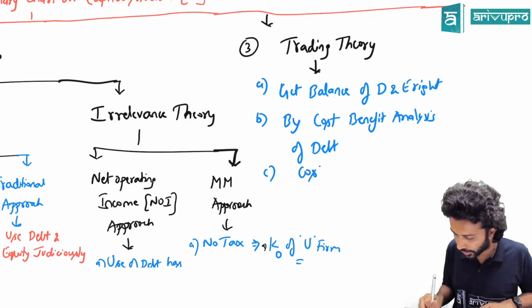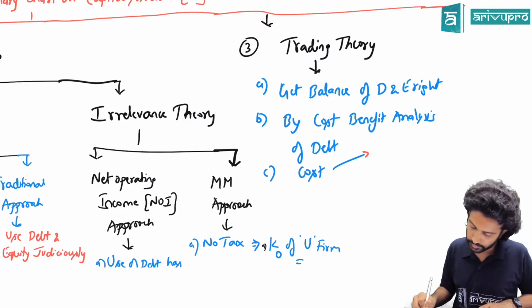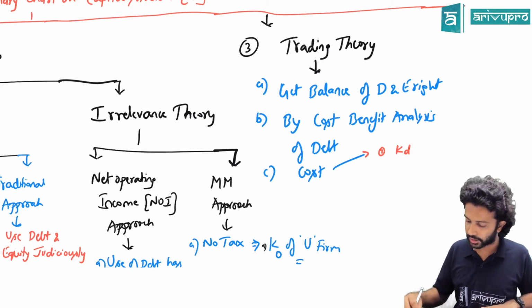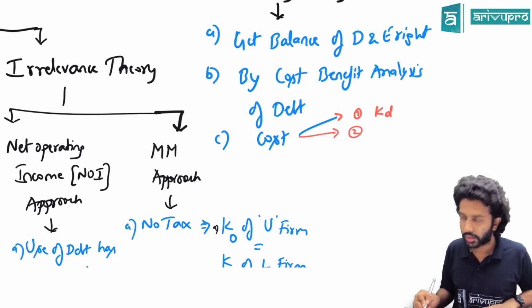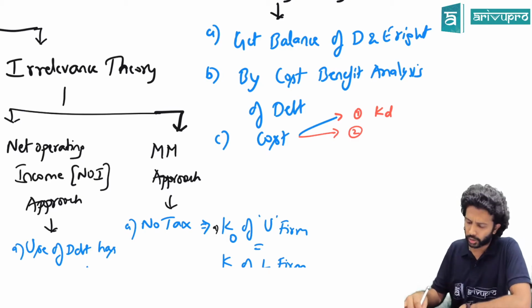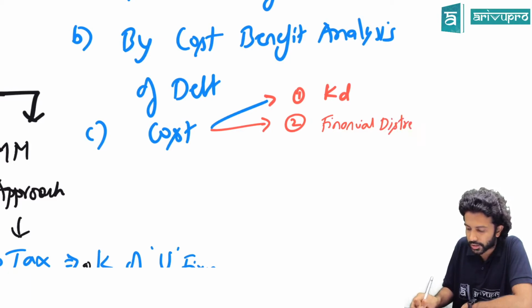What is the cost of debt, by the way? One is Kd itself. You're paying some interest. That itself is one of the costs. Two, what are the disadvantages basically? One, there is a cost, and two, it might create some financial distress.